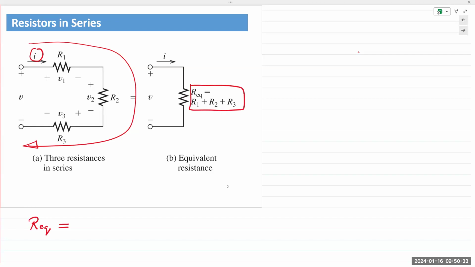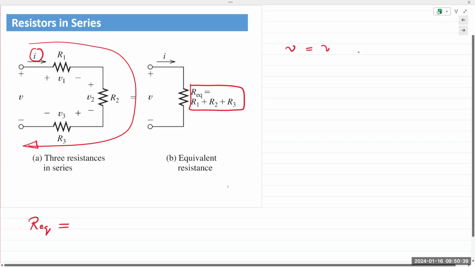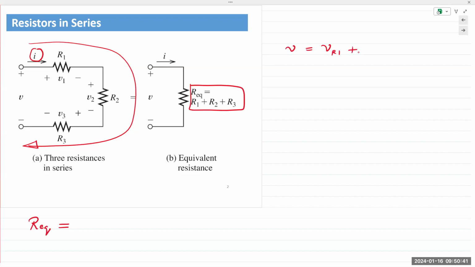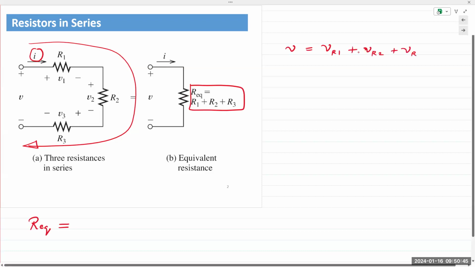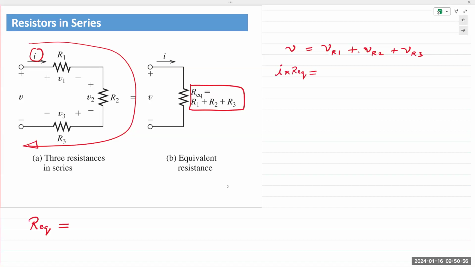Okay, the derivation, as I was saying, if you apply voltage V, it could be split across the three resistances. Here I could say it's I times Req.